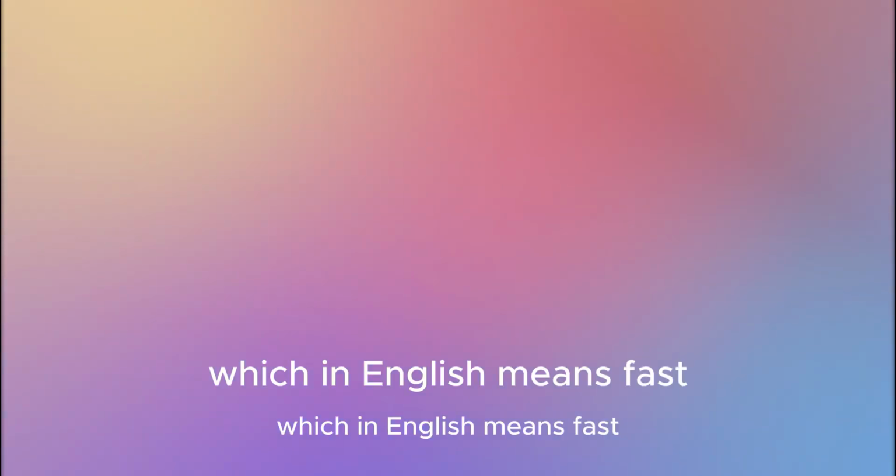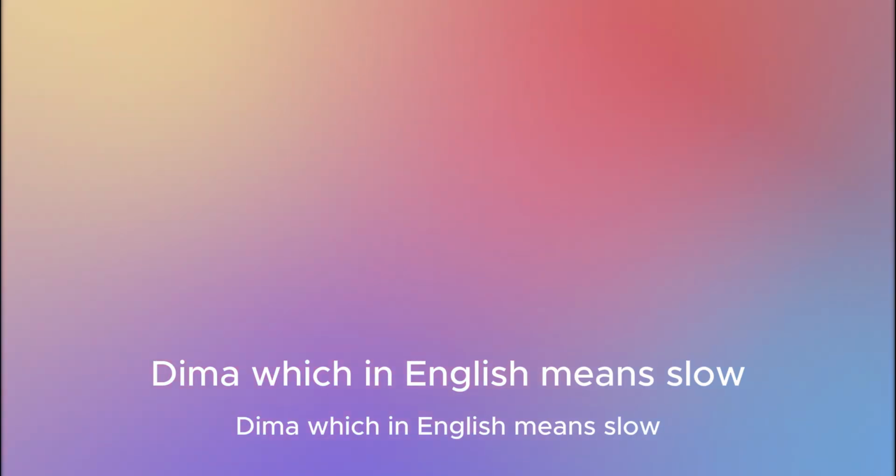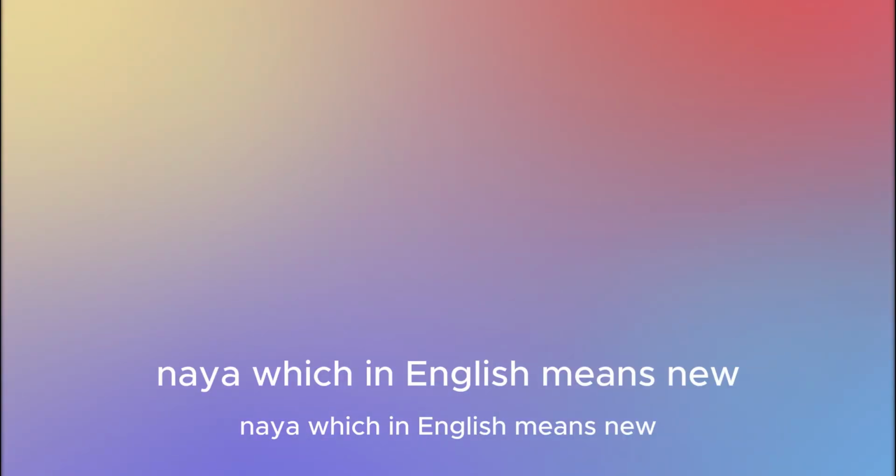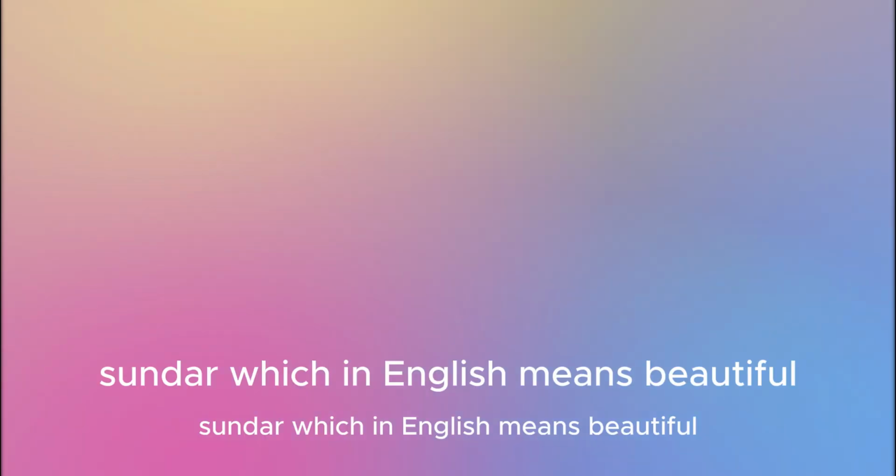Tez, which in English means fast. Dheema, which in English means slow. Purana, which in English means old. Naya, which in English means new. Sundar, which in English means beautiful.